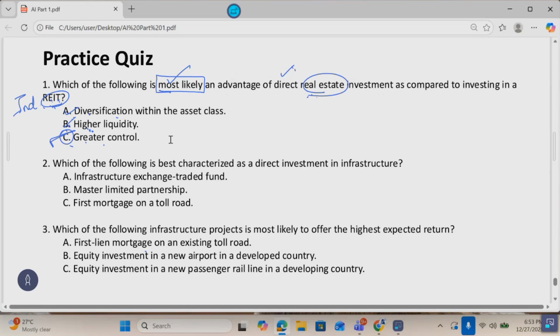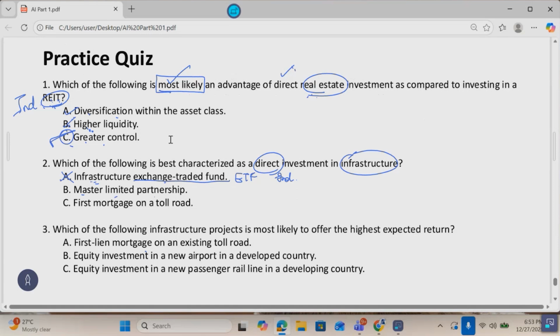Which of the following is best categorized as a direct investment in infrastructure? Now, infrastructure, and I want direct investment, right? Not through a REIT or something. So what's the answer? Infrastructure exchange traded fund, ETF. It is listed, so it is indirect. It is infrastructure, but it is indirect. So wrong answer. Master limited partnership.